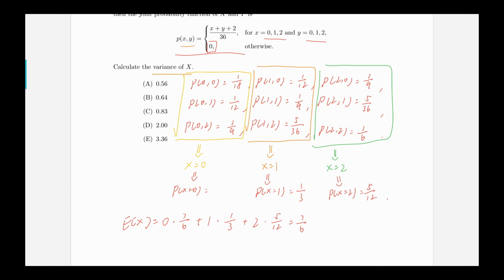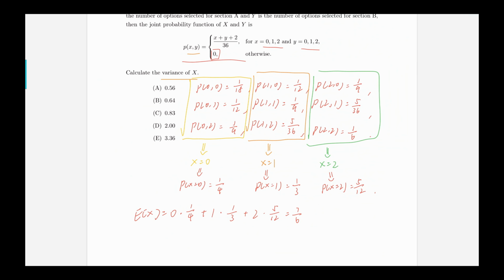The original probability for x equals 0 should be 1/4. I should have added them up and seen if I get 1, so that I could catch my mistake. I didn't do so. But okay, so this should be 1/4. Sorry, I made a mistake. Okay, so we find the probability, and now let's get the expectation.